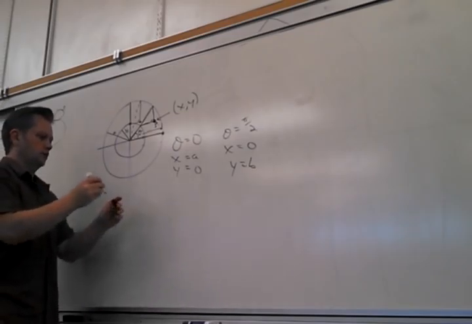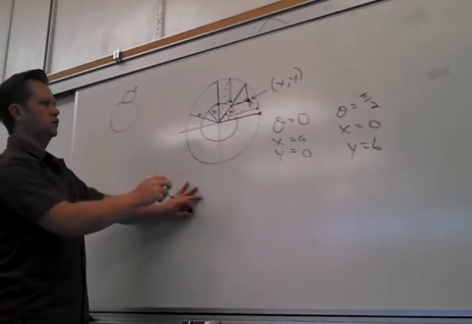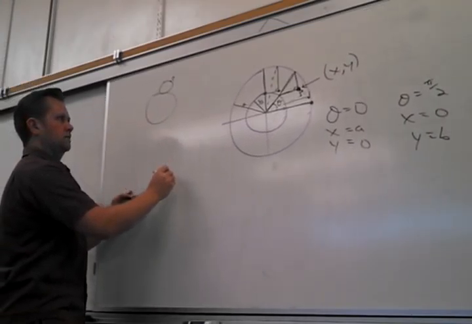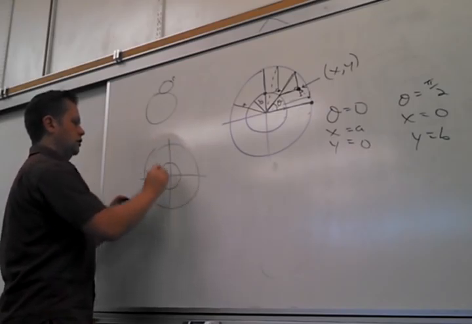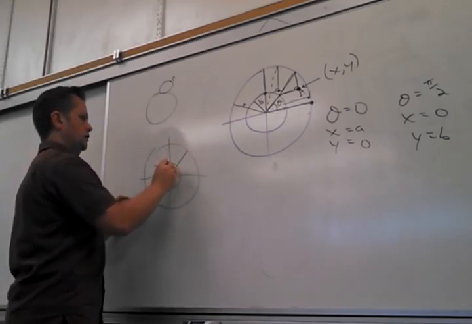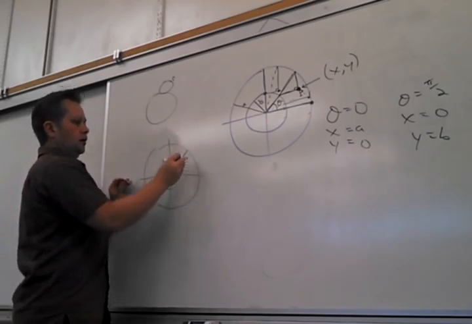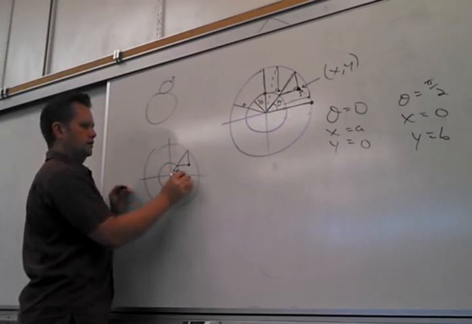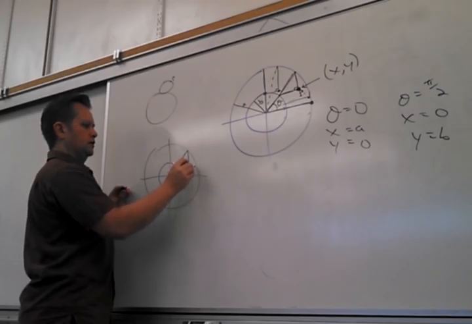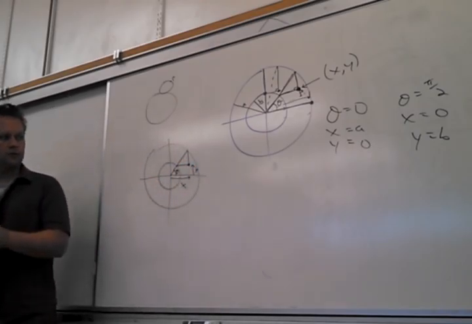Now here's the key. Let me try to redraw this picture a little bit. Just the important part. So what I've got is, when I'm at some arbitrary theta, I want to figure out what this is and what this is.